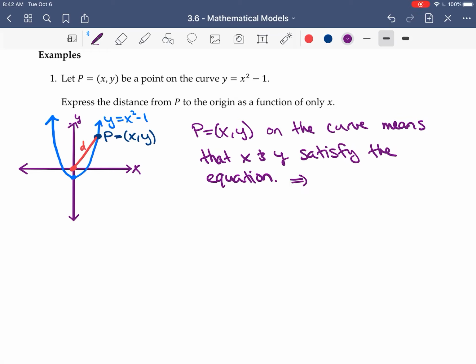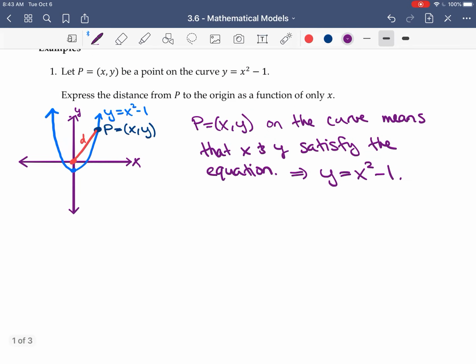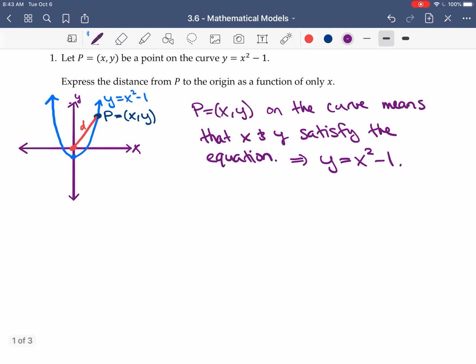That means that y is equal to x squared minus 1. In order for them to be on that curve, this needs to be true: the y value has to be the x value squared minus 1. So we know the coordinates of P, and we know the coordinates of the origin.